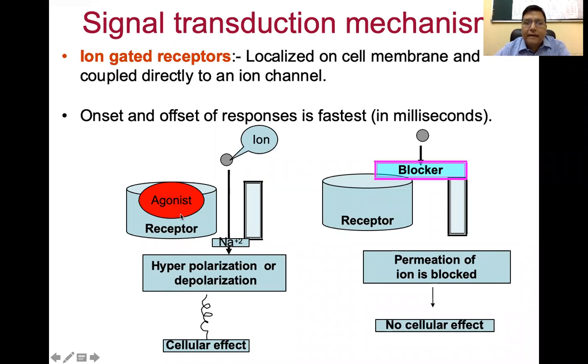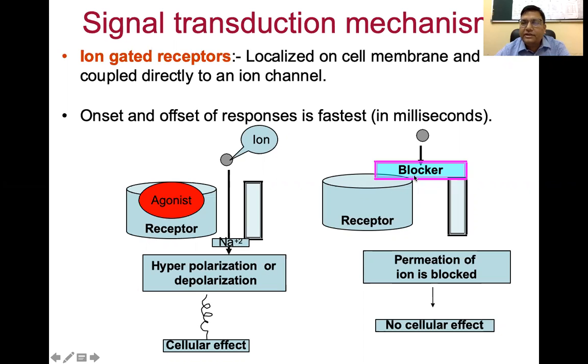The ligand comes and binds to the receptors, and it leads to the opening or closing of the channel based on the different drugs. If an agonist binds, the channel opens, and for example, this is a sodium channel. Sodium channel opens, there is hyperpolarization or depolarization, and cellular effect is produced.